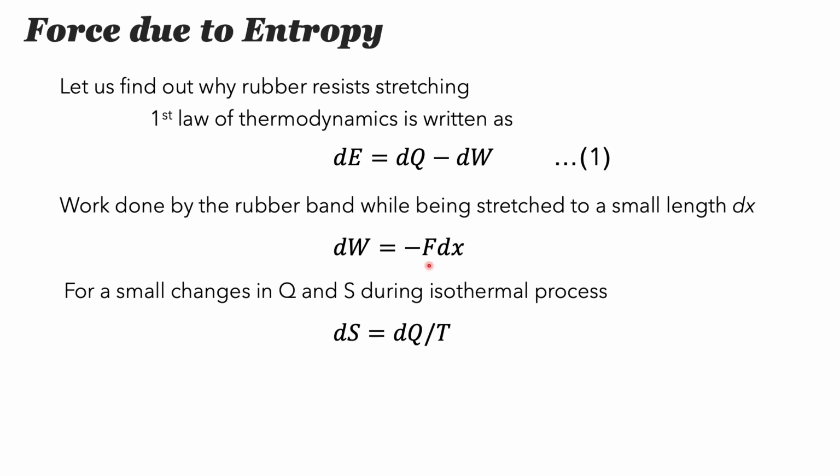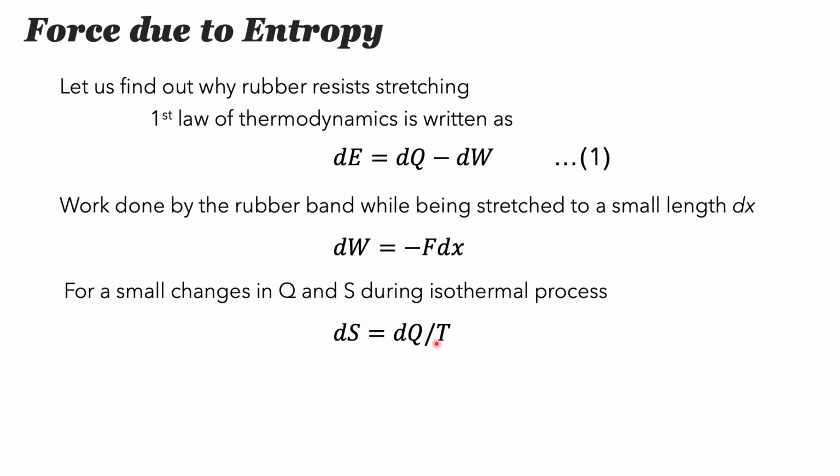Since we assume we have stretched it very little, so that the temperature has the same value, it is an isothermal process, and for that we can use the formula dS is equal to dq over T.